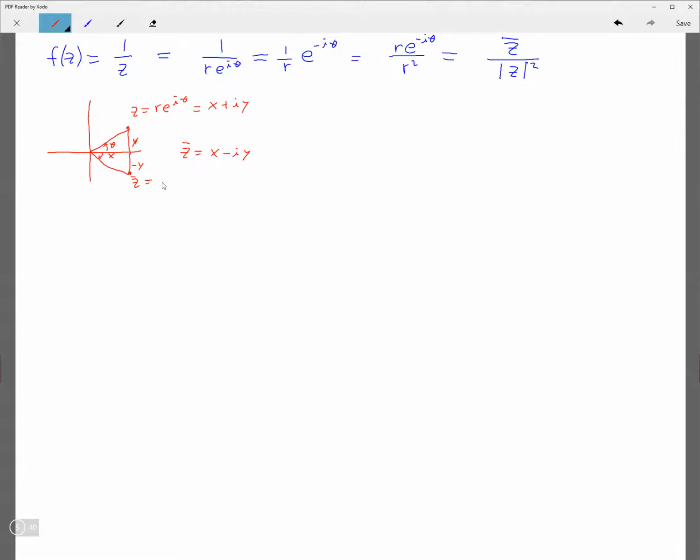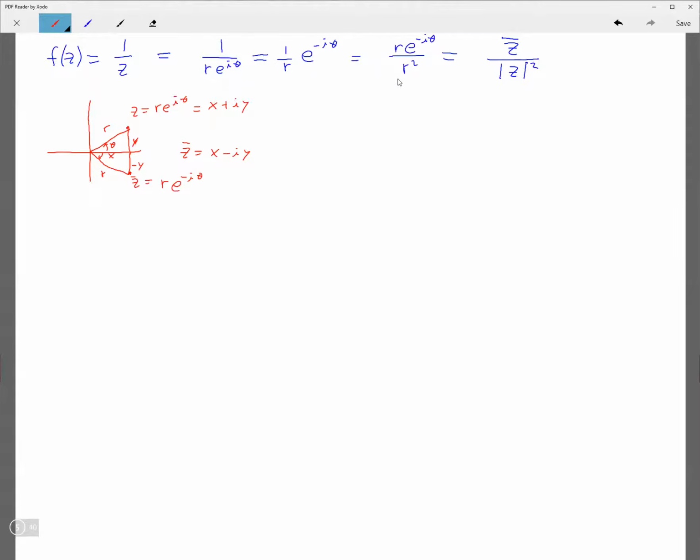And the radius is still the same. So the conjugate is r e to the negative i theta. If you just flip the sign on the theta and leave everything else the same, you're getting the conjugate, which is what we have right there.